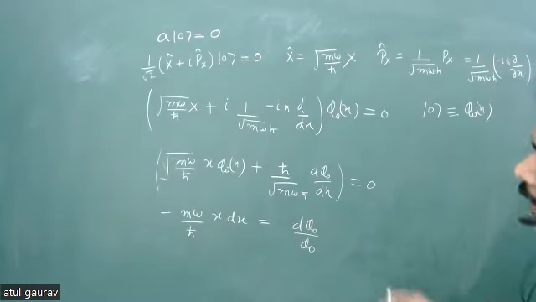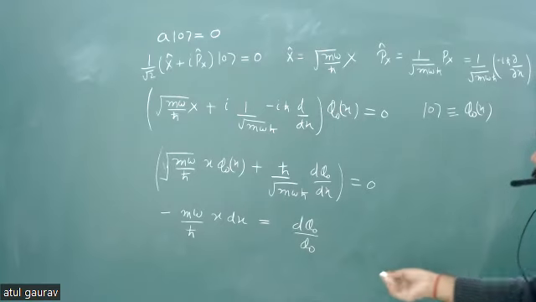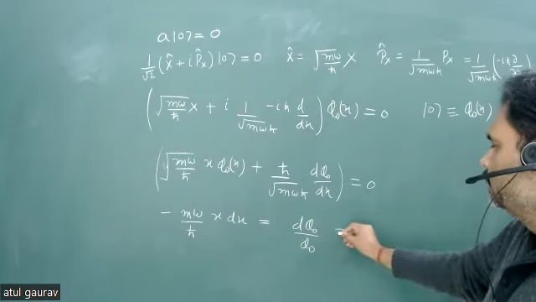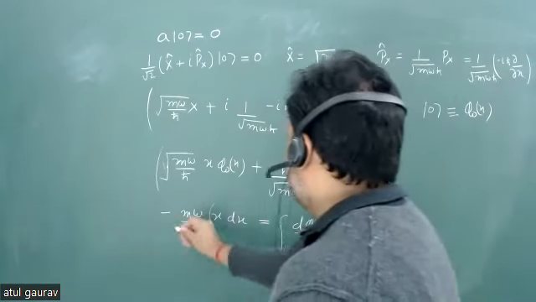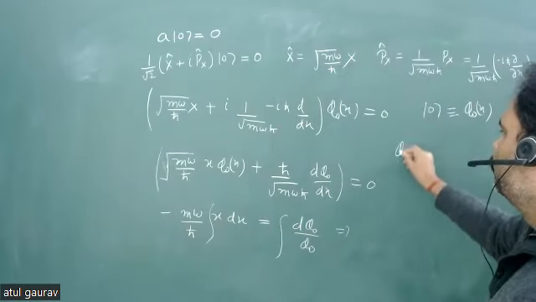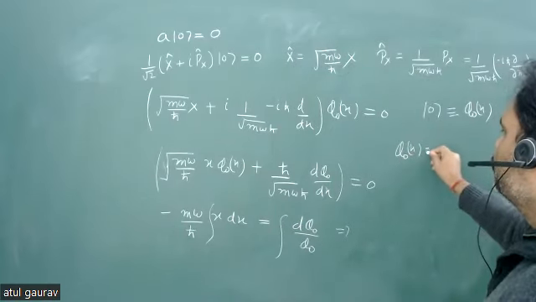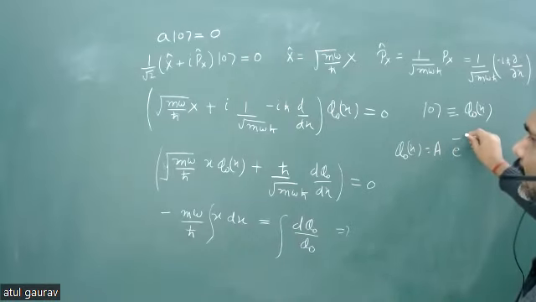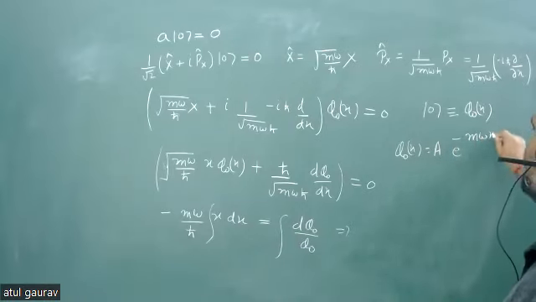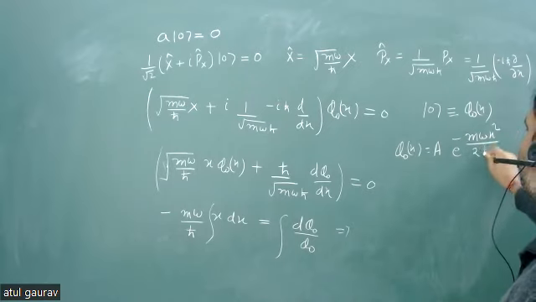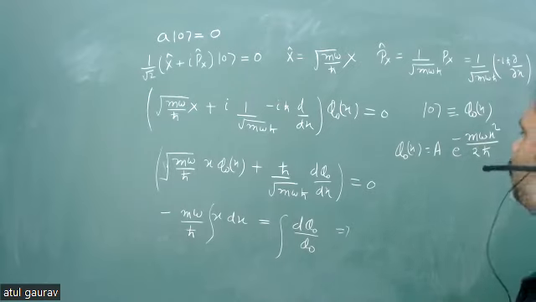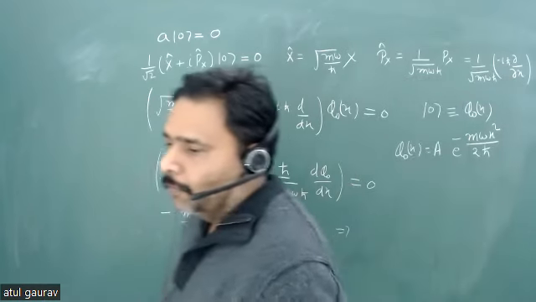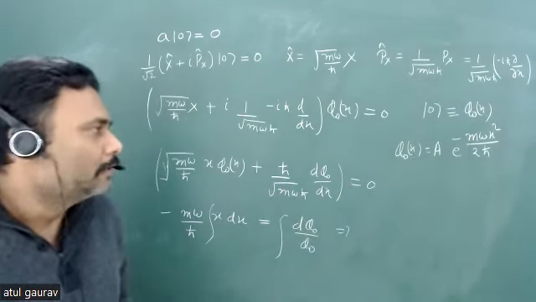So we have variable and separable, and finally we can easily integrate this equation, and we can have phi naught x is equal to a e to the power minus m omega x square upon 2h cut. And now we have to find the value of a, which will be the normalization constant.